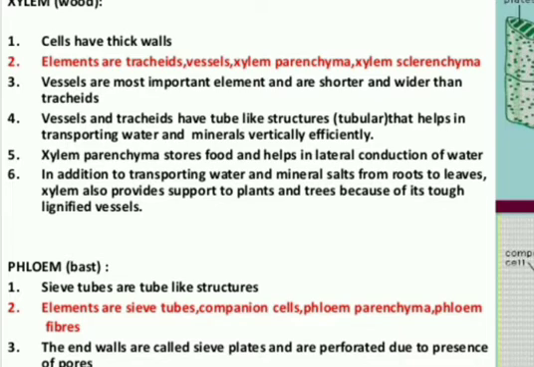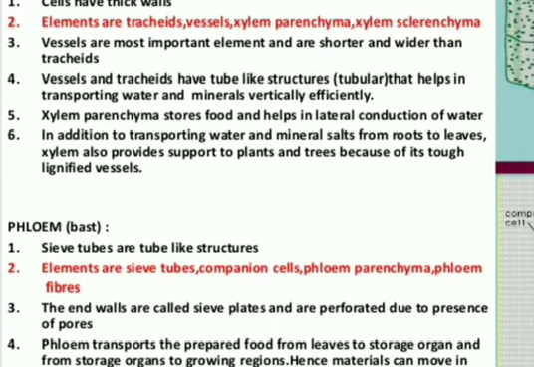Then comes the turn of phloem. Phloem has sieve tubes, which are tube-like structures, and it also has four elements which we have discussed earlier. The ends of these sieve tubes are called sieve plates and are perforated due to the presence of pores. Pores mean small holes.